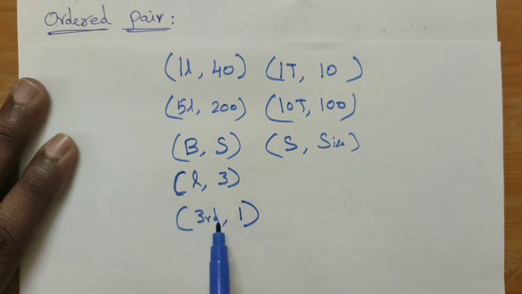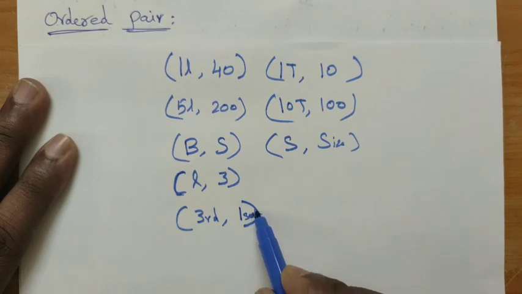So these are examples of ordered pairs: last bench, third seat, and then third bench, first seat.